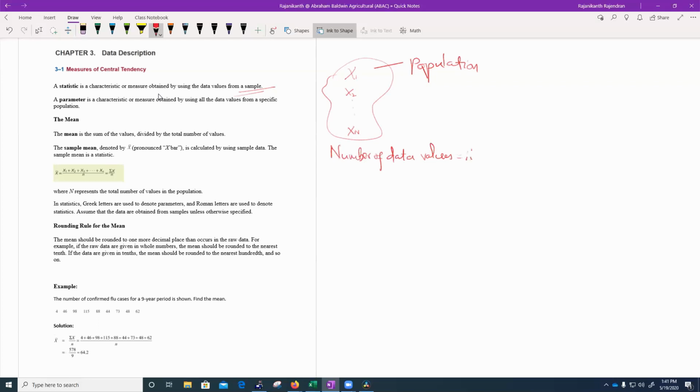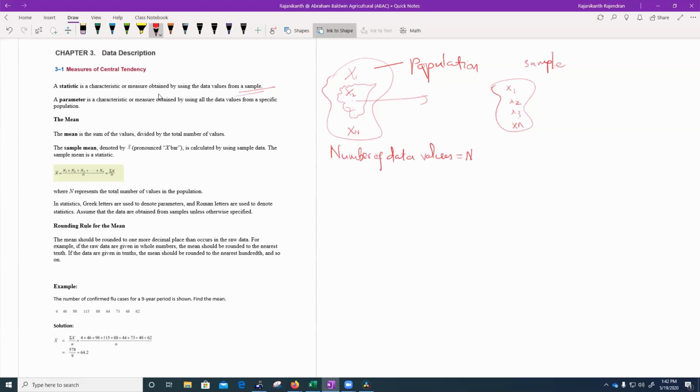Suppose I want to consider only a few of them, say I'm collecting some parts of those data values, right? So if you extract a small portion of the population, that is called the sample. Say I have some values in the sample, so you may have, say, little n of them.